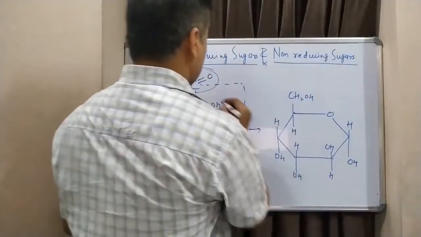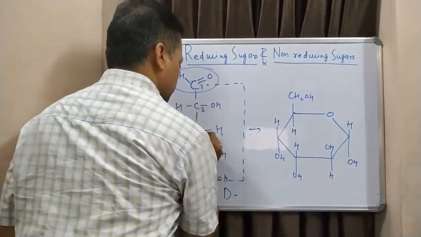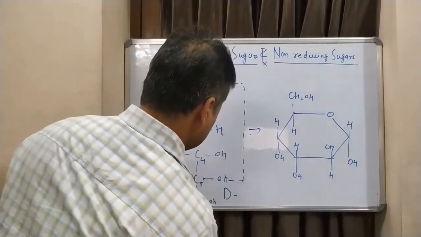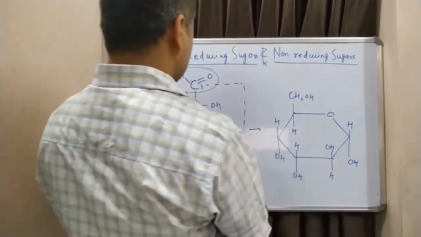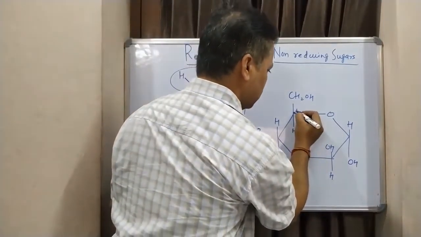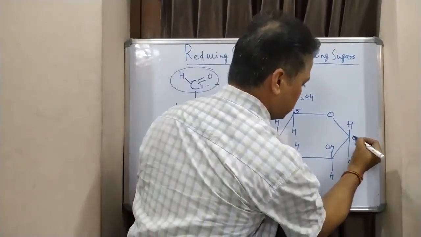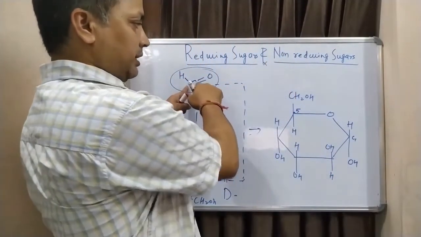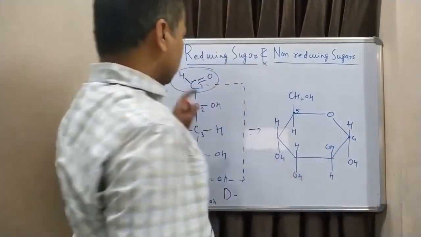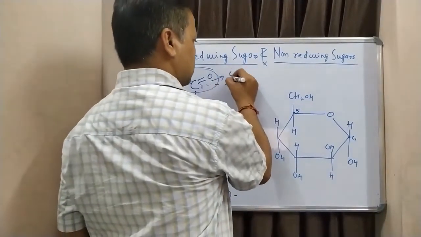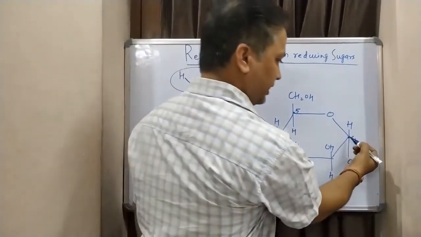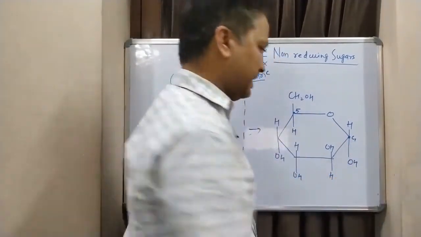This is my carbon number 1, carbon number 2, carbon number 3, carbon number 4, carbon number 5, carbon number 6. There is a bond between carbon number 1 and carbon number 5. This is C5 and this is C1. The C1 which was the aldehyde carbon here came here. This aldehyde carbon was symmetric here, but at this place the carbon becomes asymmetric.